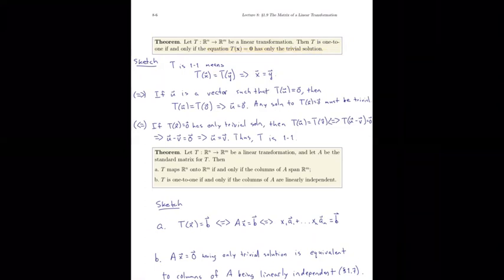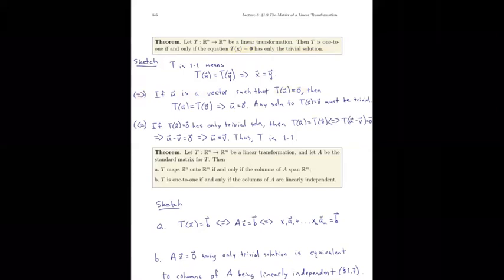It's a little confusing as to how all the logic gets sussed out here. But for the forward direction, we assume that T is 1-to-1, and then we assume that u is some vector such that T(u) equals 0. If we can show that u is the 0 vector, or necessarily the trivial solution, then we've established the forward direction of this implication.